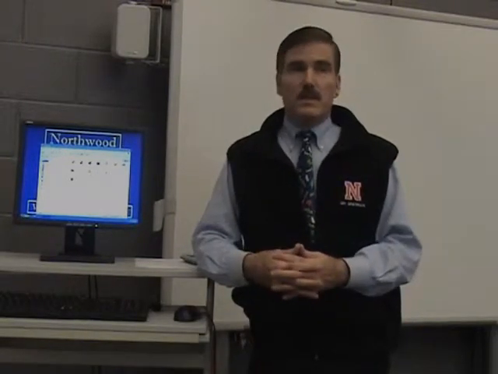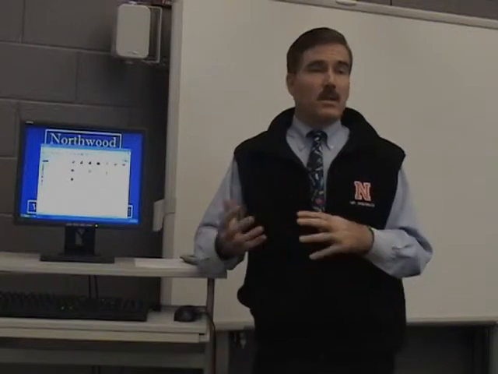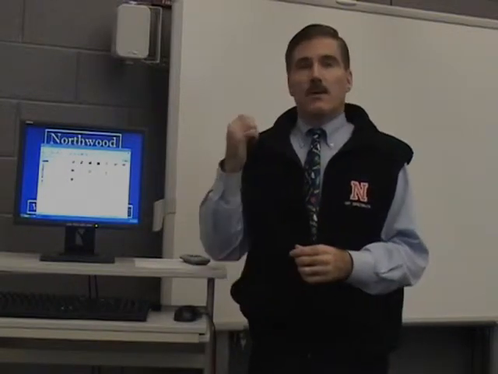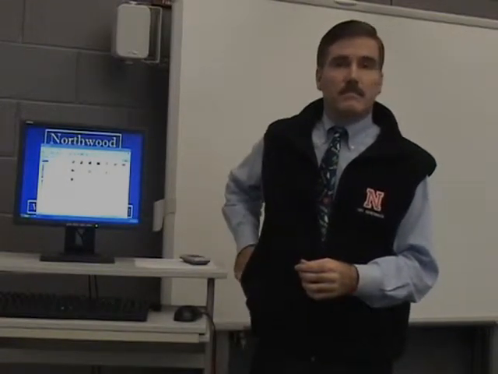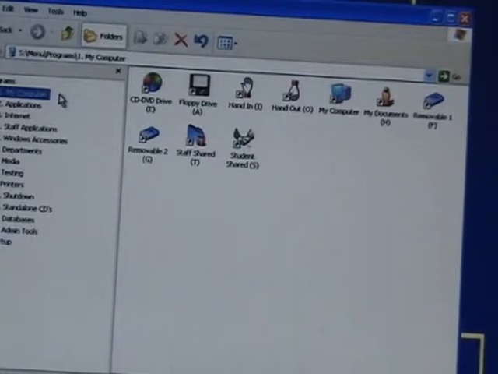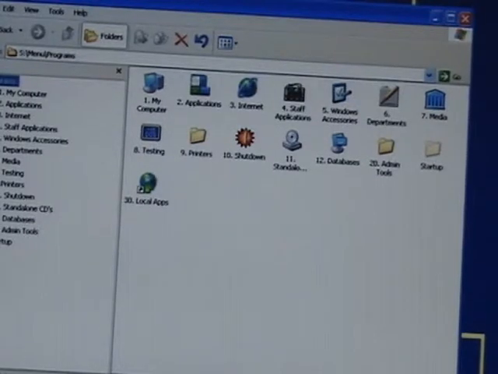It's very simple. There's only a few key buttons that are fairly intuitive to use, and we're going to show that to you now. First, of course, we need to launch the program. This particular one is somewhat hidden. If you go to the Programs key over here, at the very top, above number 1, we're going to click on Programs, and there's a place called Local Apps, which looks like a little globe.